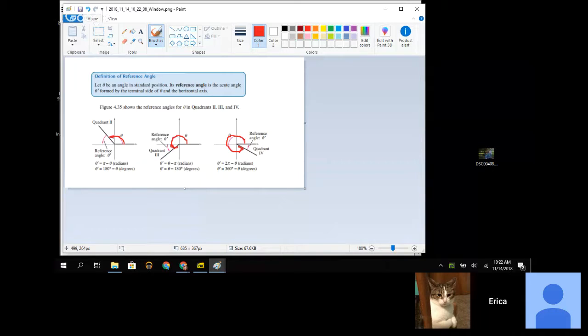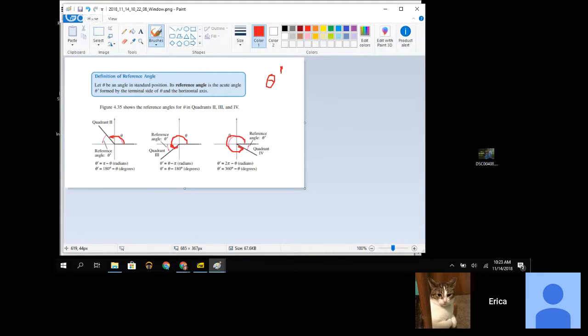The reference angle is written like this. That theta gets a little apostrophe. It's called a reference angle, and it's always an acute angle. Okay, and the reference angle actually is the angle that is formed between your terminal side and the horizontal axis.